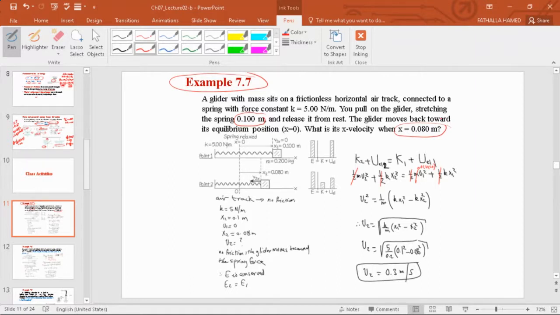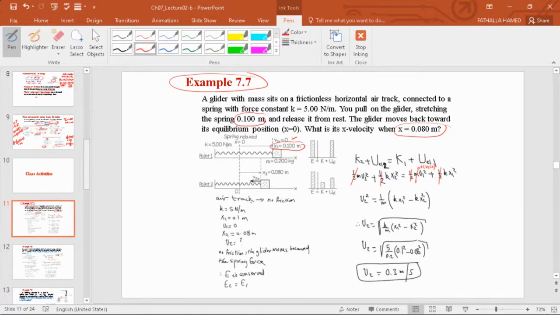So you're stretching the spring to this location here, where x is equal to 0.1 meters, and you release. Now, when you release, your initial velocity, or v1x, will equal to 0.